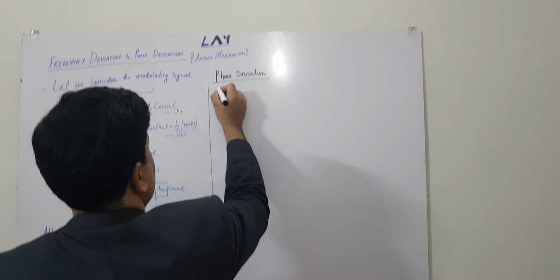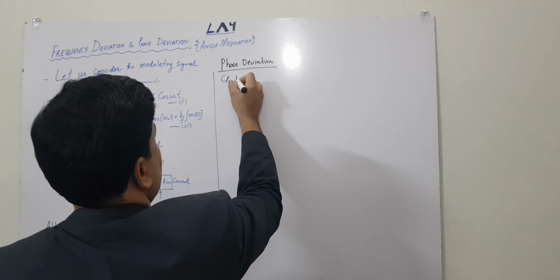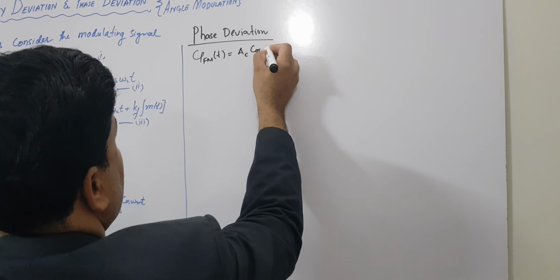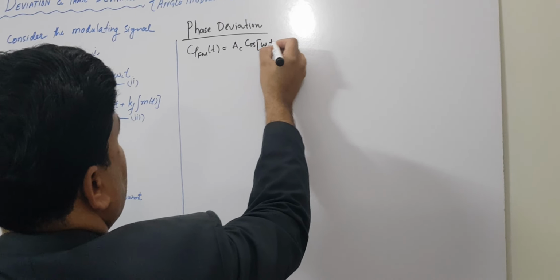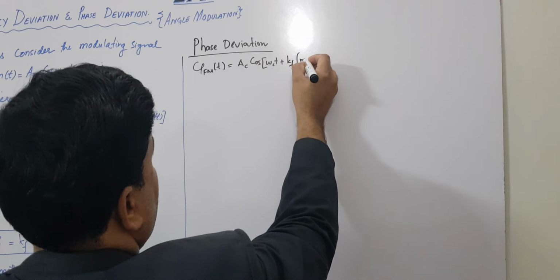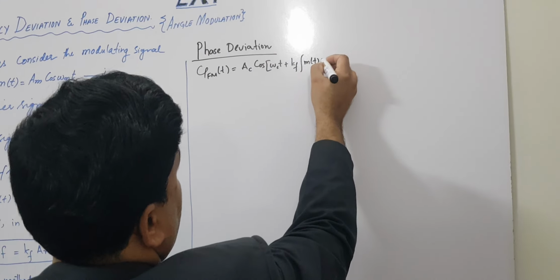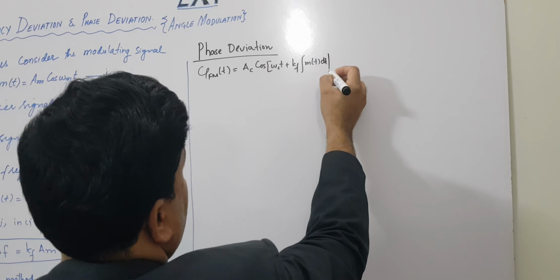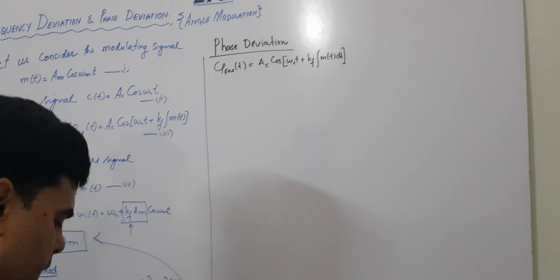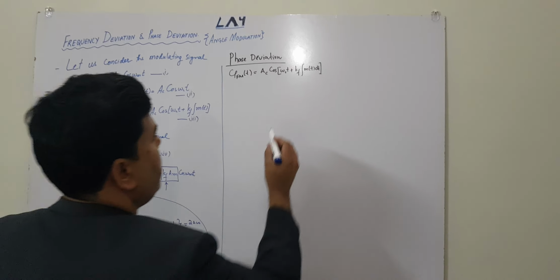So, f(t) is equal to A. Phase deviation is basically the maximum of that part.